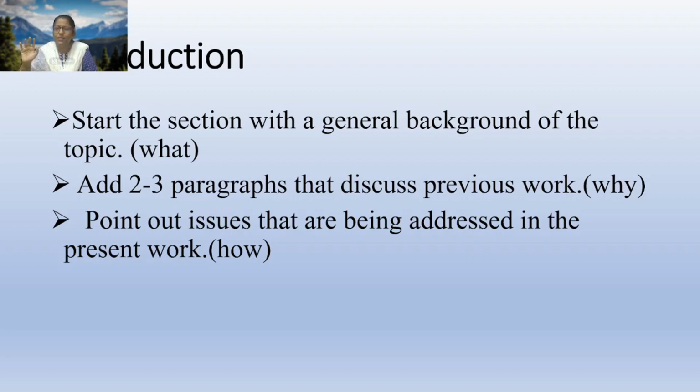The first is the general background of the topic, where we explain the topic and its background. Second, we add 2 or 3 paragraphs and discuss the previous work done by the researchers. That is why it is very important.